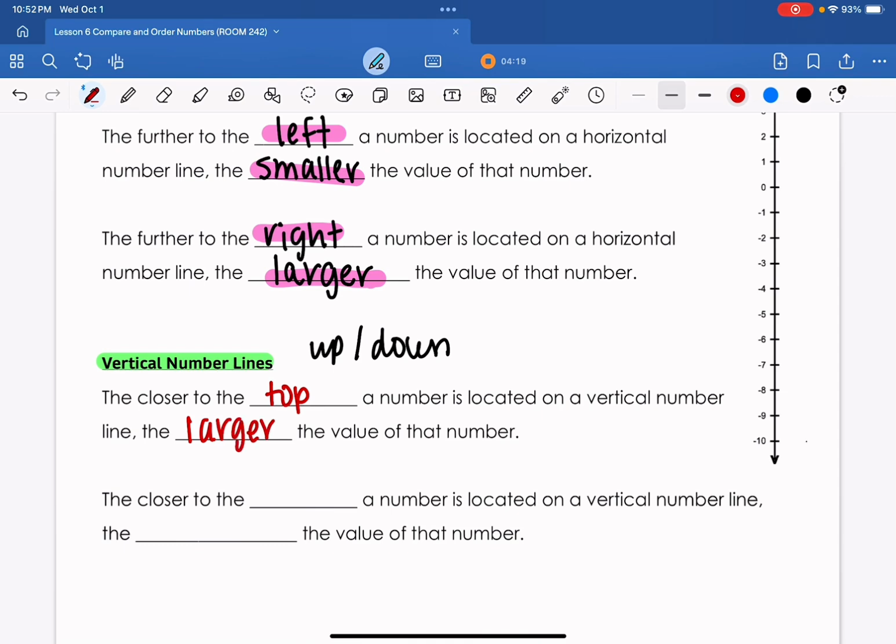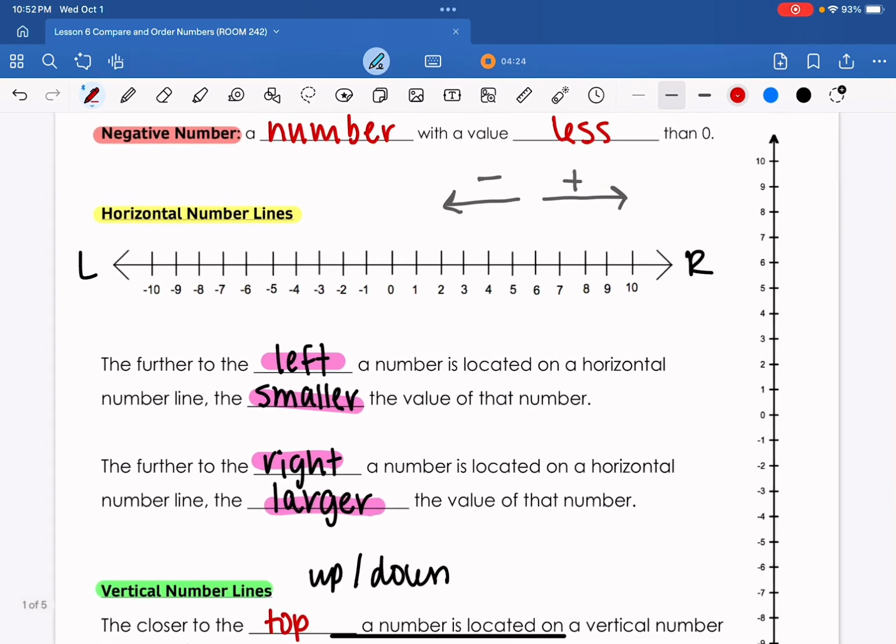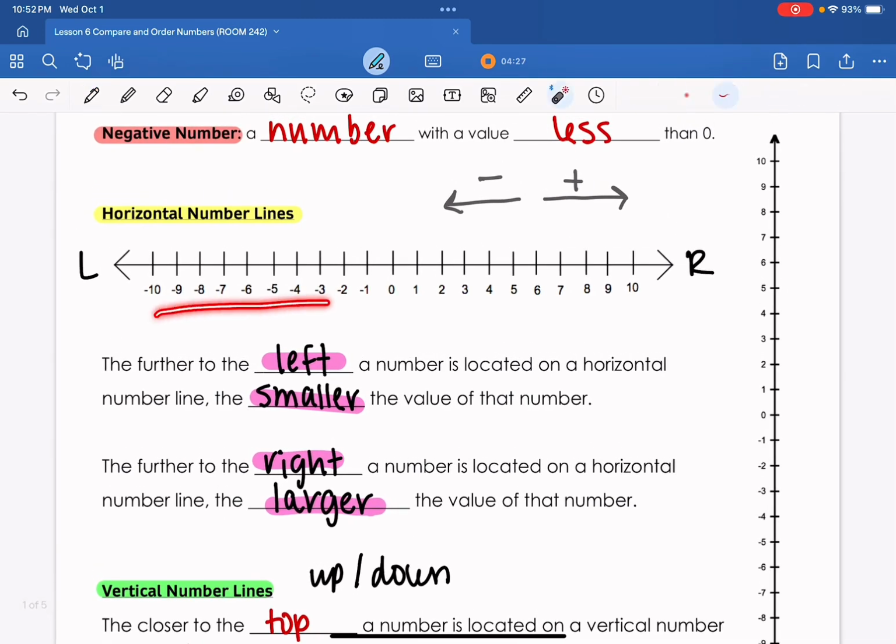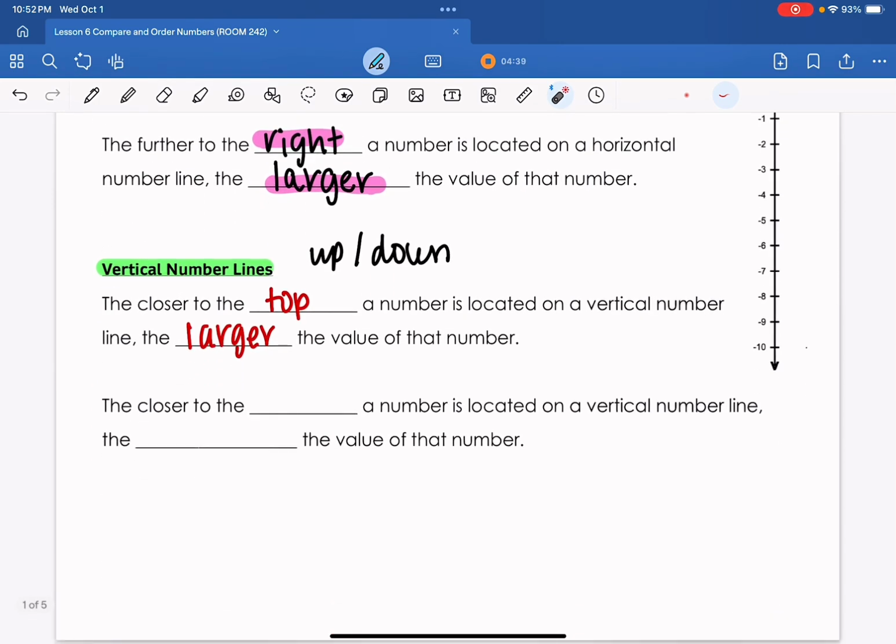If I have this horizontal line here, and I chose to flip it, going up is essentially the same as if I was moving right. Okay? So then the closer you are to the bottom of the vertical line, what do you think the value is going to be? It's going to be smaller, right?